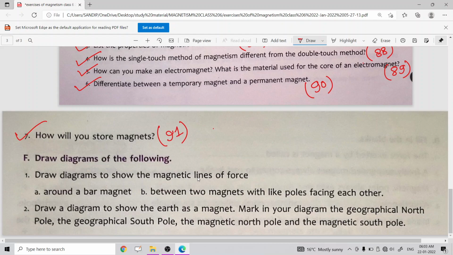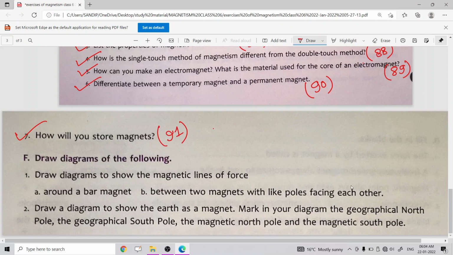This is called self demagnetization. When we keep two magnets together, there will be mutual attraction or repulsion, and sometimes magnets lose their magnetic strength over a period of time, but to avoid this we have to use magnetic keepers.